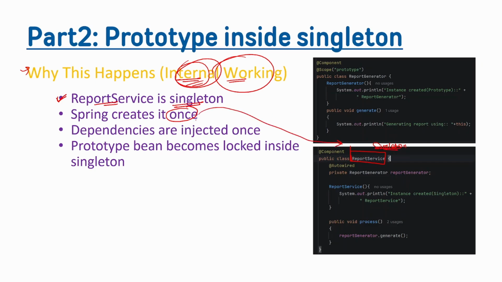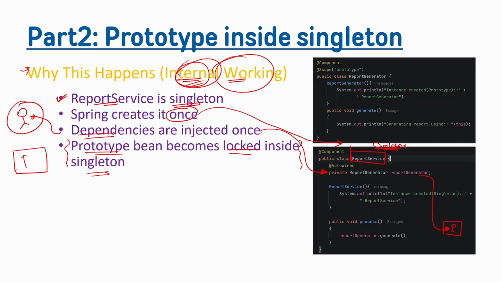And as we know, Spring injects the dependencies during bean creation, so the dependencies are injected only once. Here is our report service bean, created only once since it is of type singleton, and during the creation the dependencies are injected into it, and it is stored in the Spring context.